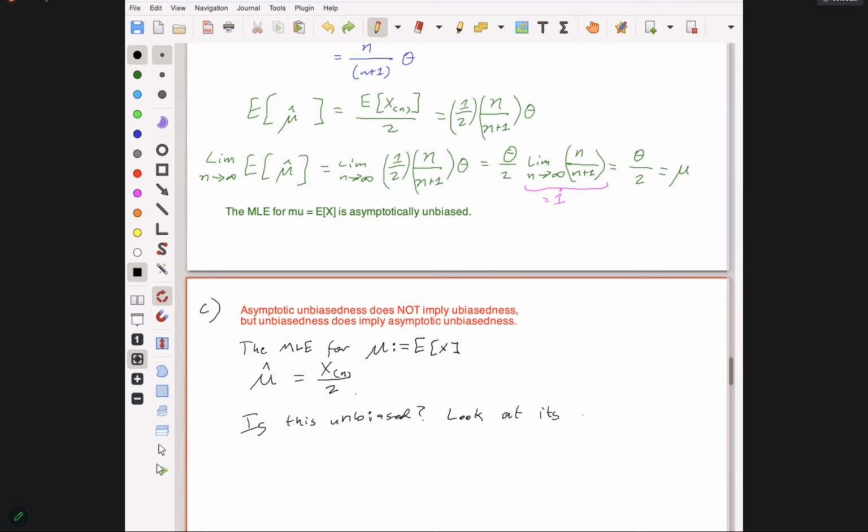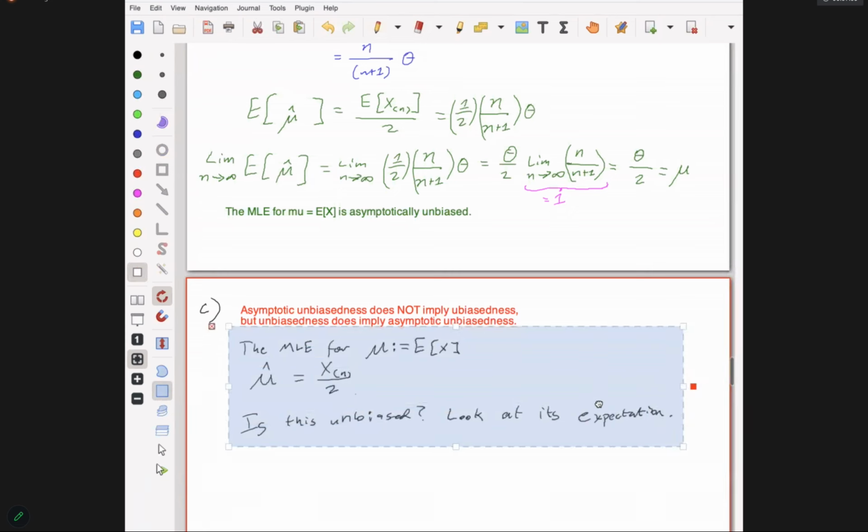Because what is the definition of unbiasedness again? Unbiasedness is talking about the expectation of a random variable.